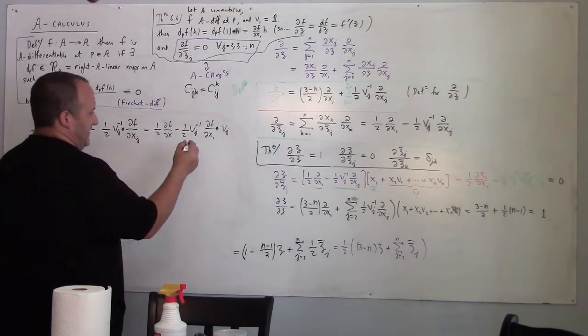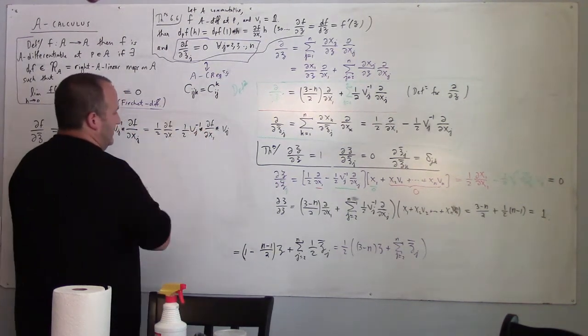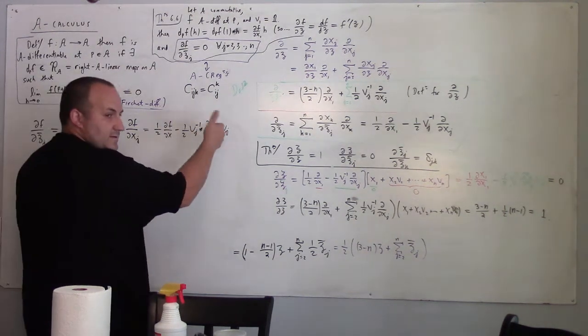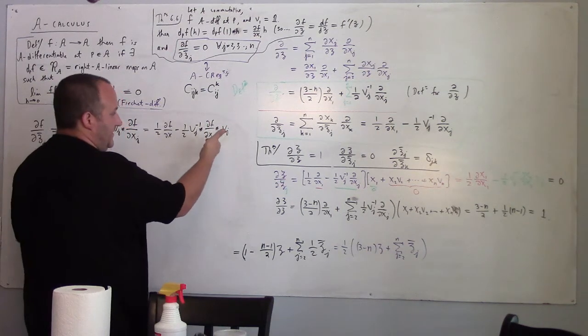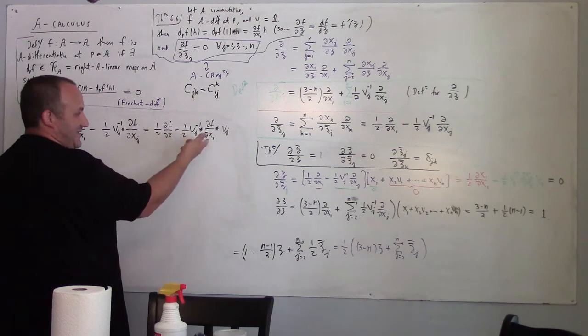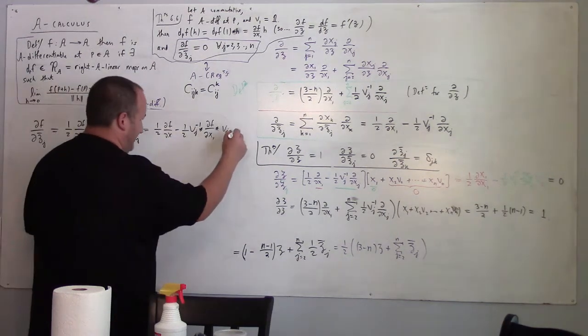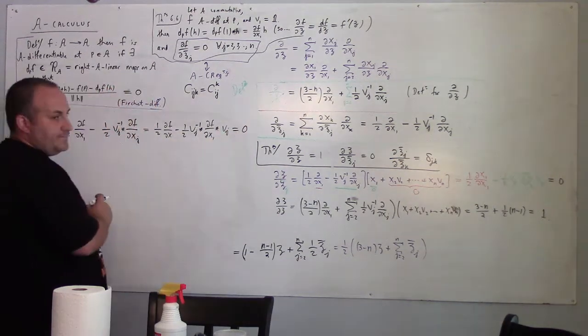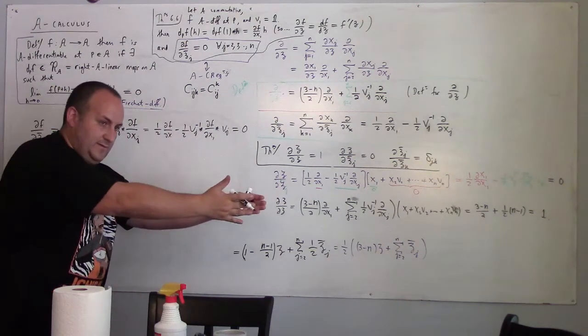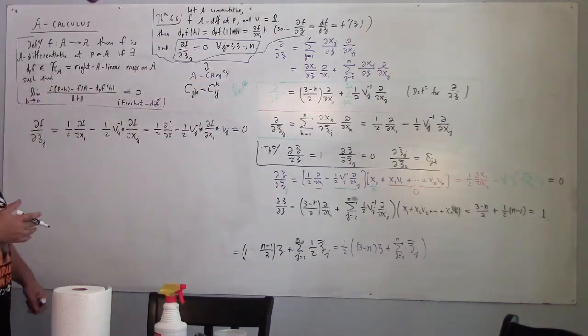Now, this is where I had to assume commutativity, because I need the commutativity in order to flip them around, and when I flip them, then I get Vj inverse times Vj, which cancels. 1/2 minus 1/2 is 0.